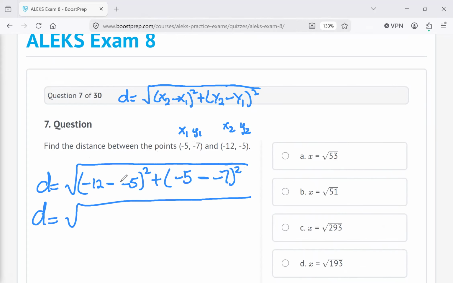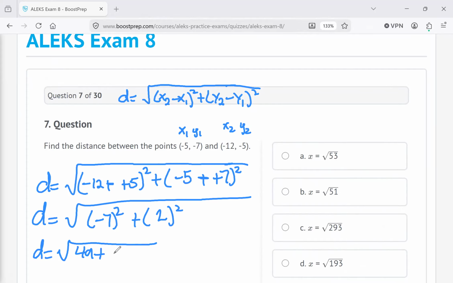Here, two negatives become a positive. So again, two negatives become a positive, so that's -5 plus 7, which is +2. -7 squared is 49, and 2 squared is 4.